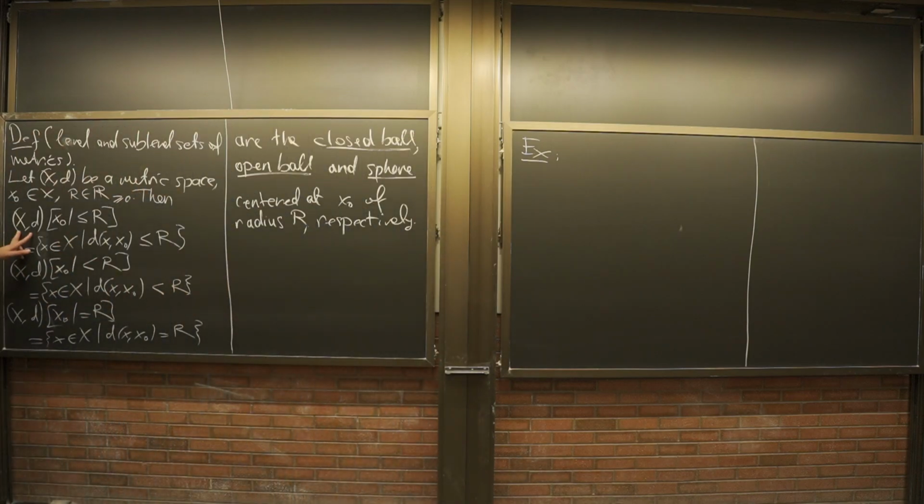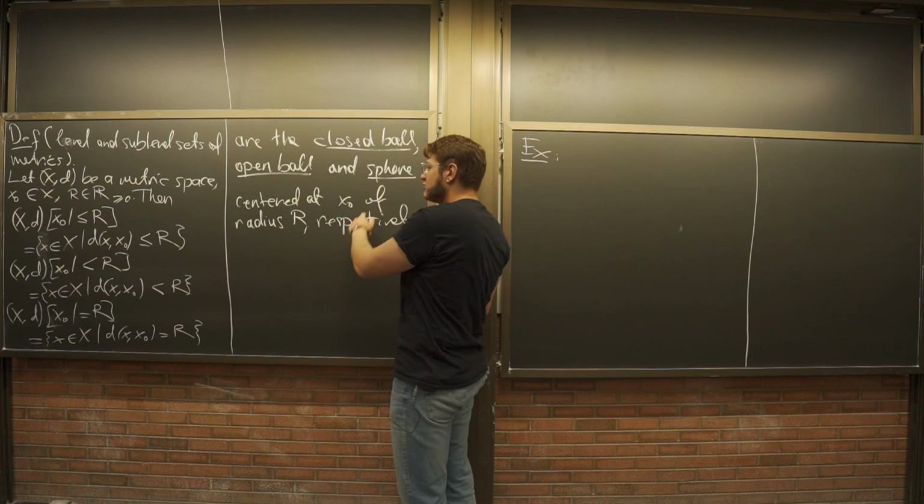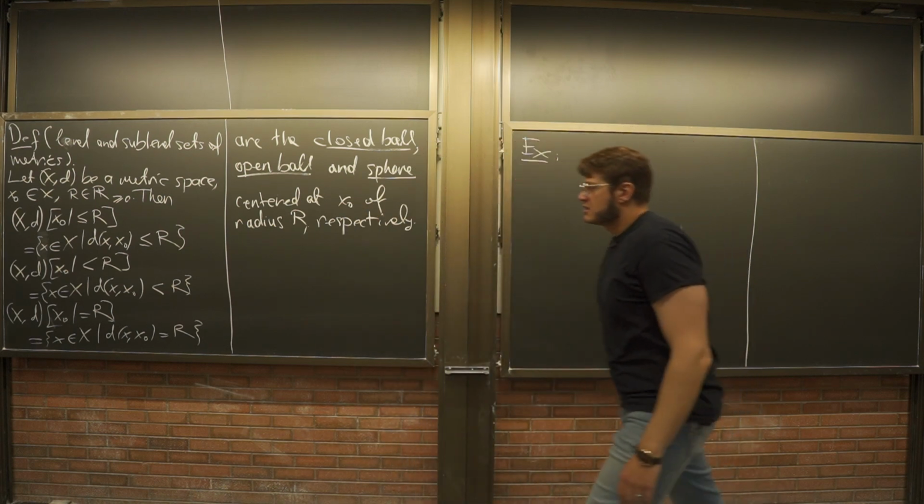And so X, d, and then this is the bracket notation, I'm defining this to be this set. That is to say, it's the set of all those x's whose distance from x0 is less than or equal to r. So this is called the closed ball, centered at x0 with radius r.